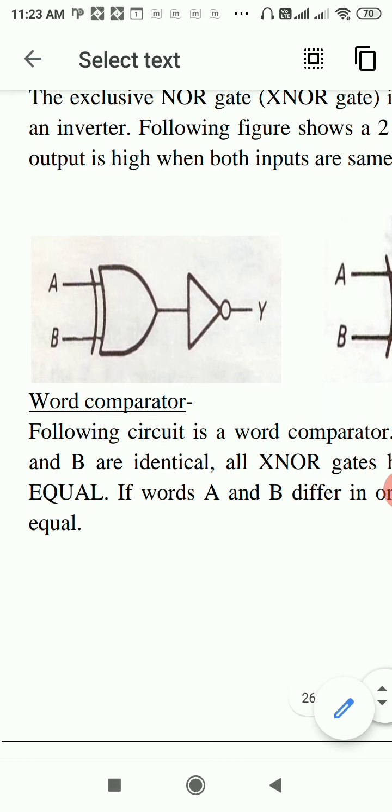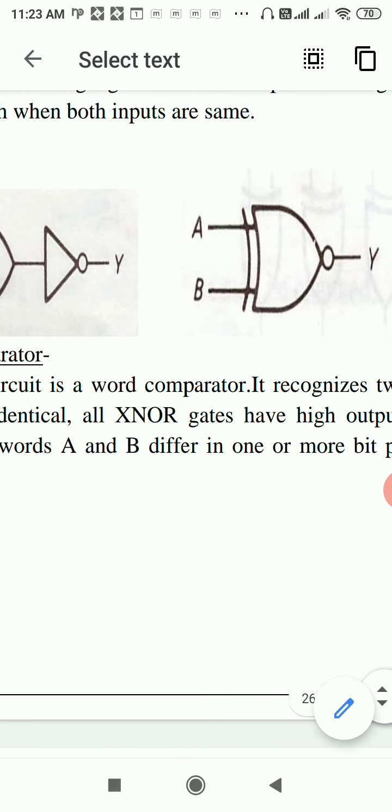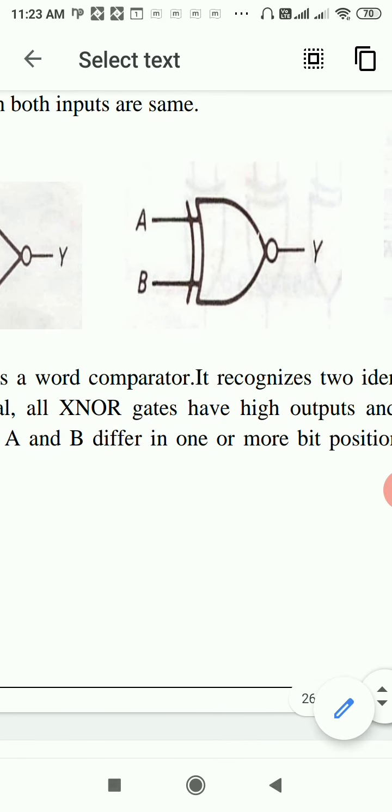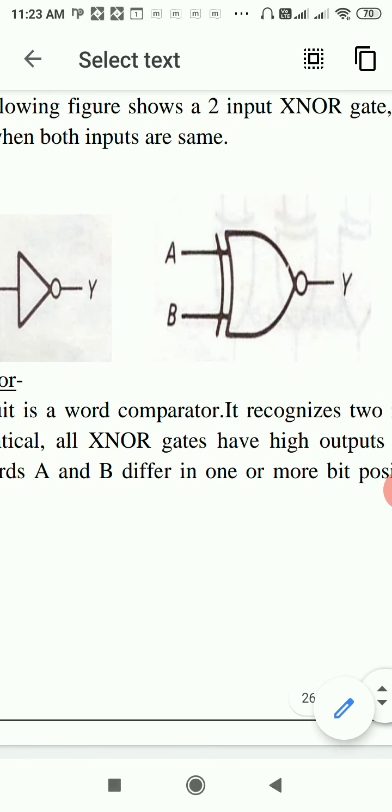This is the logic circuit. A and B are two inputs, and we have XOR gate followed by NOT gate. This is the symbol for XNOR gate. This is the same as the symbol of XOR gate, except that this bubble is shown in this figure, and this bubble represents the NOT operation.